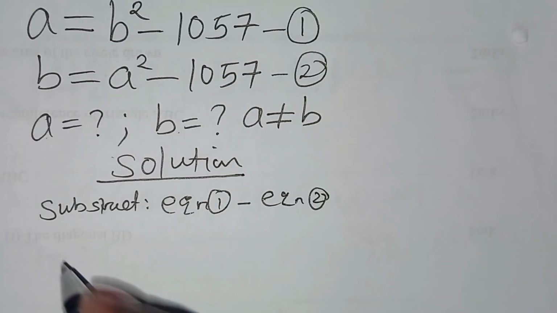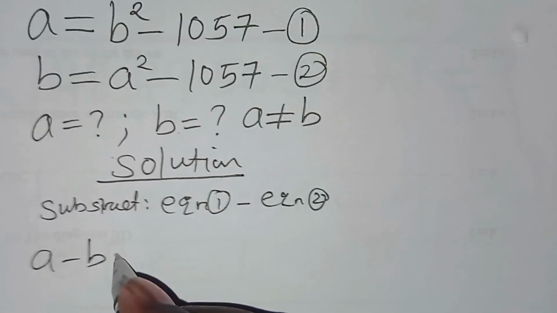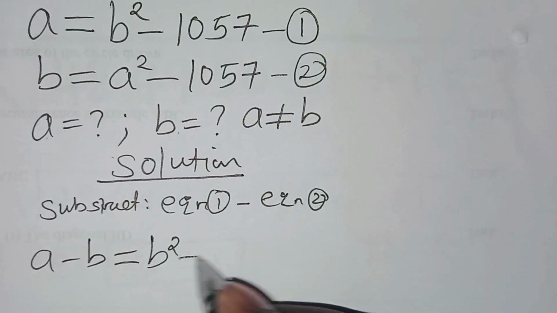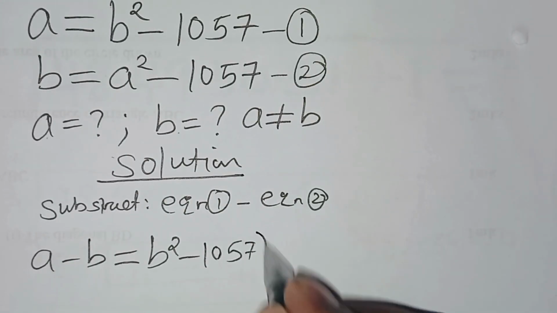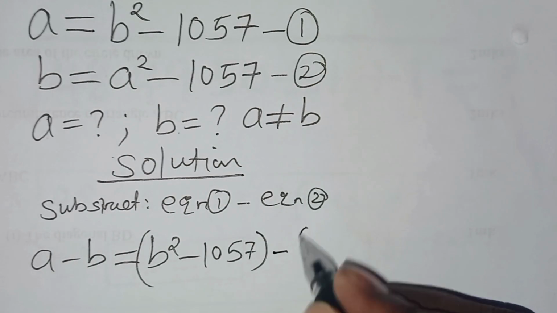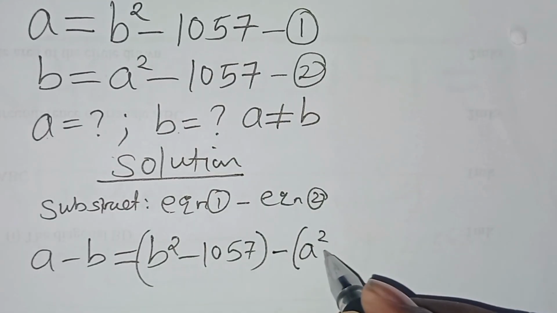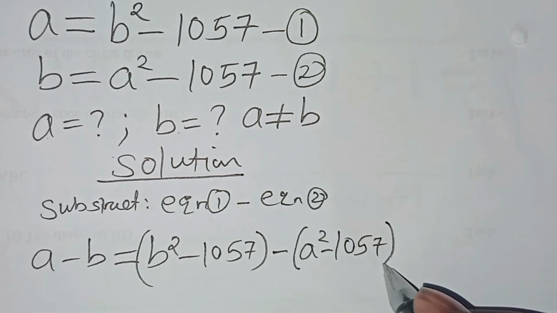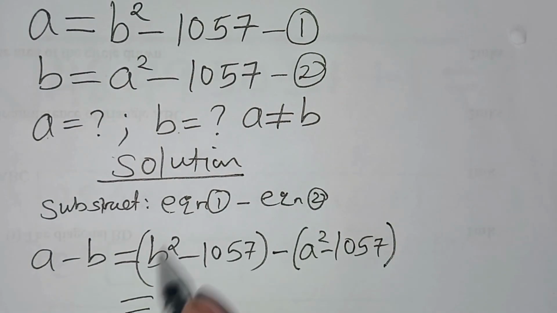So here we'll have a minus b. This is equal to b squared minus 1057. Subtract a squared minus 1057.